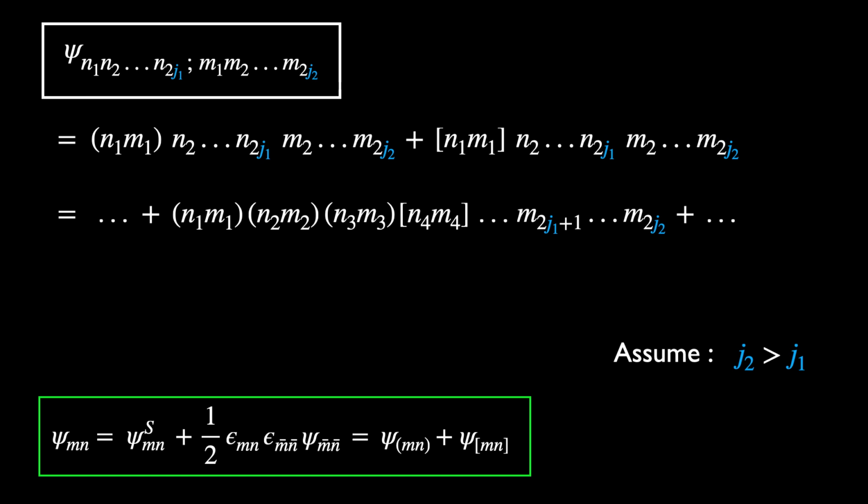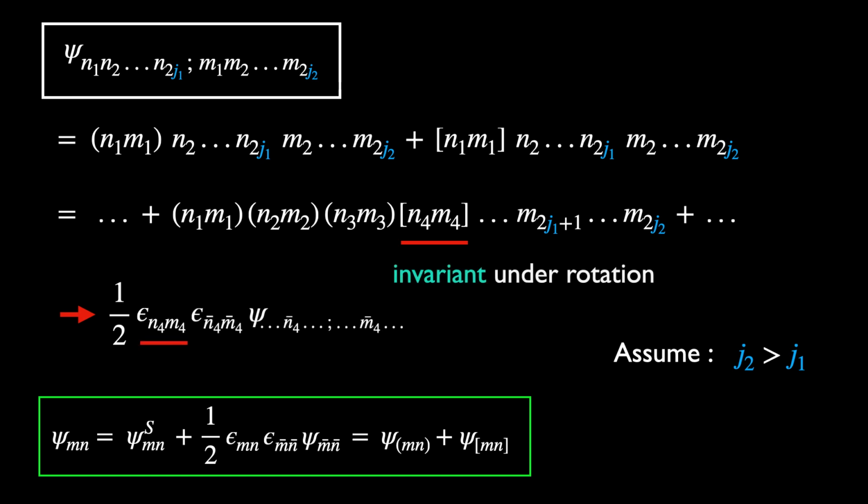They are already symmetric with respect to each other, and so we couldn't split them up further using the formula below. Note that the anti-symmetrized pairs are now indices of the anti-symmetric tensor, epsilon, and are invariant under rotations. So only the symmetrized pairs of indices transform non-trivially under rotations.